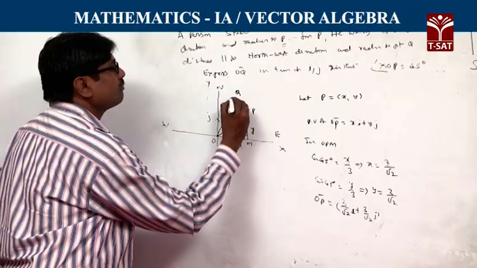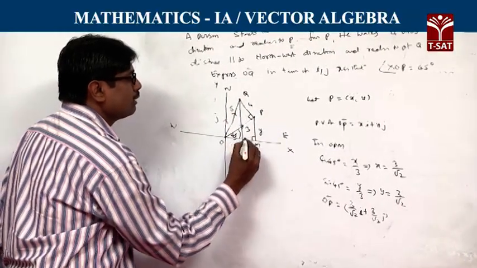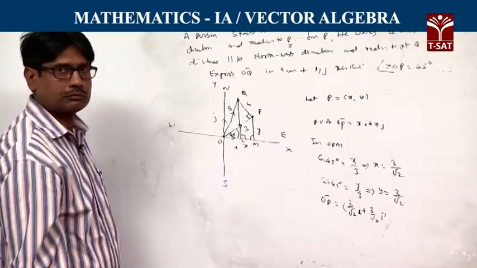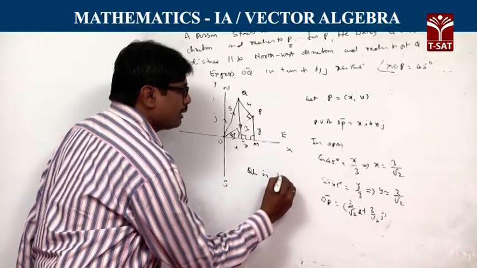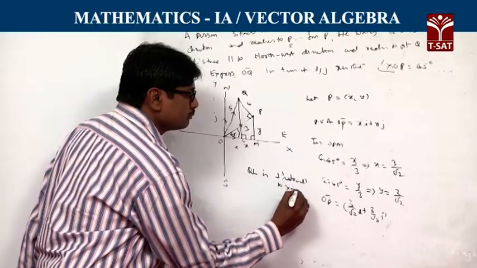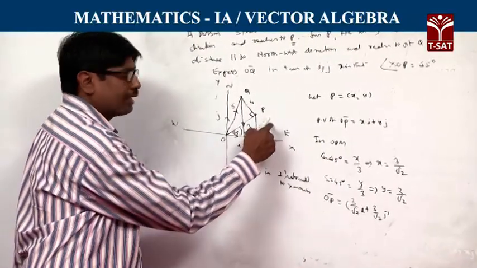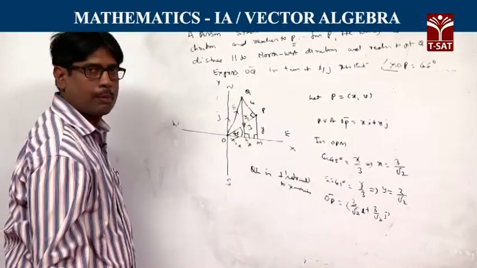Draw a projection from Q to the x axis, that is QL. QL is the perpendicular drawn to the x axis, and already we took x and y for P. Now for this length, I want to take x1 and y1.